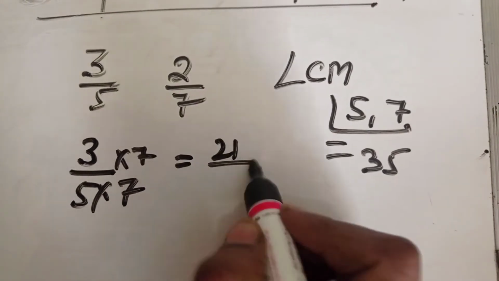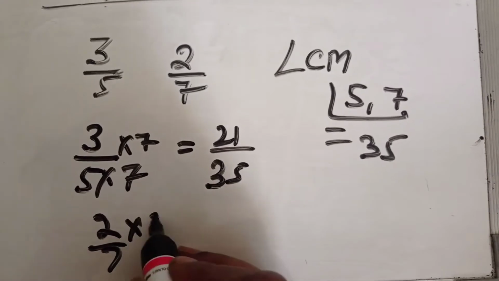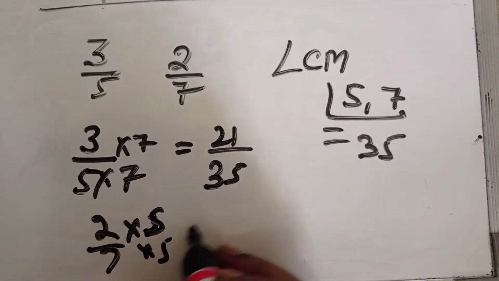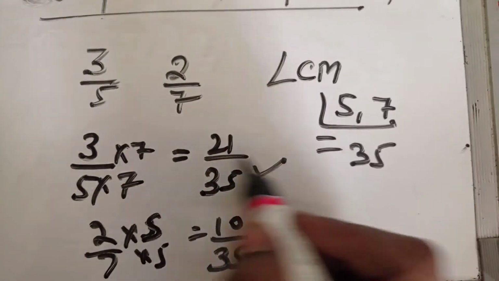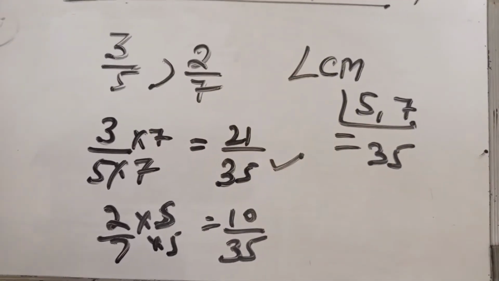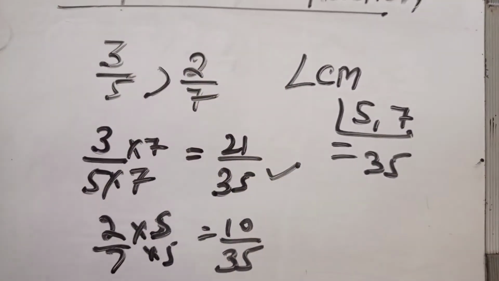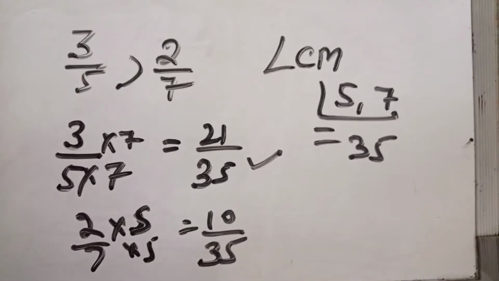This becomes 21 by 35 and the other one, multiplied by 5, becomes 10 by 35. Then which one is greater? This one is greater, so the first fraction is greater. You can do it by this method, but the easiest method is the cross multiplication method.